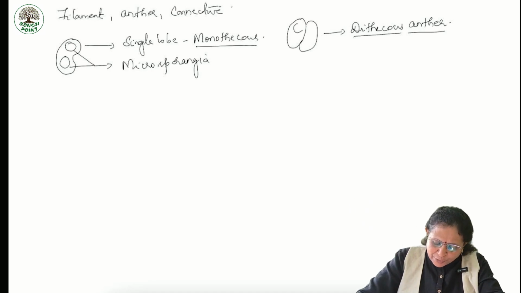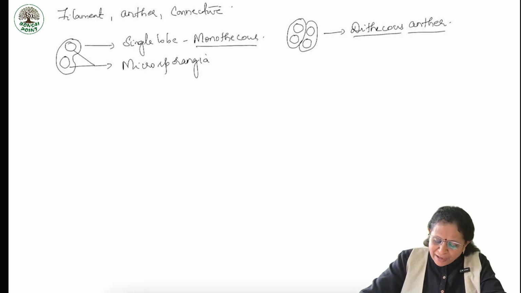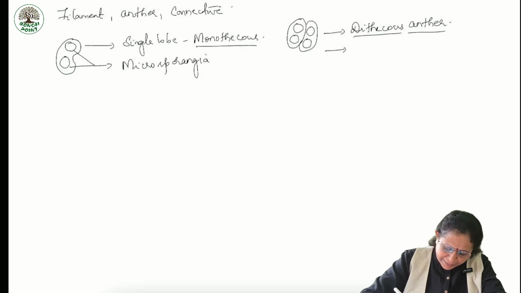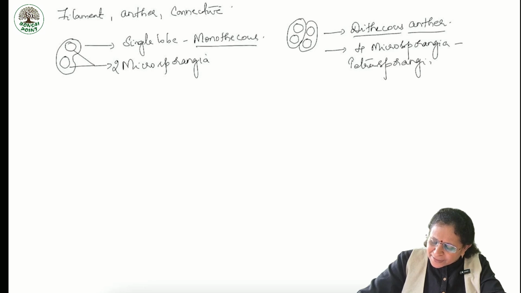So now you can imagine that these are the four microsporangia because it is dithecous. Each bag-like structure has two microsporangia. Finally, here we say two microsporangia, here we say four microsporangia, or we also call it tetrasporangiate.